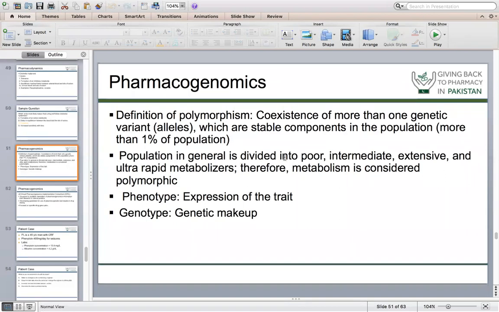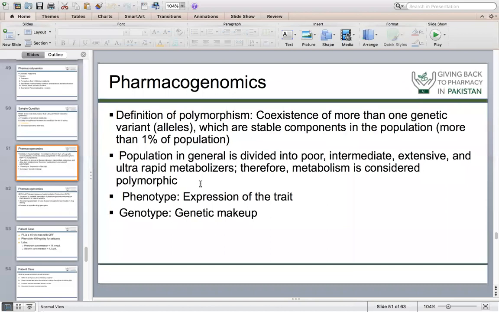The population in general is divided into poor, intermediate, extensive, and ultra-rapid metabolizers. So it is a polymorphism existing for the enzymes responsible for drug metabolism.